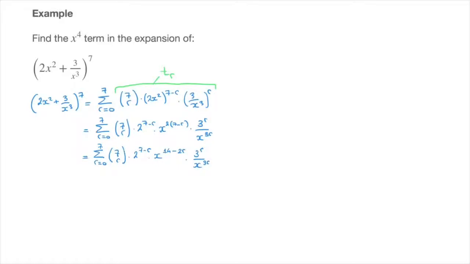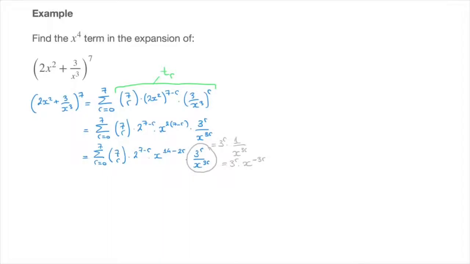And now, to simplify further, let me draw your attention towards this last term that we have here. 3 to the power of r over x to the power of 3r equals 3 to the power of r times 1 over x to the power of 3r. And in turn, that equals 3 to the power of r times x to the power of negative 3r.